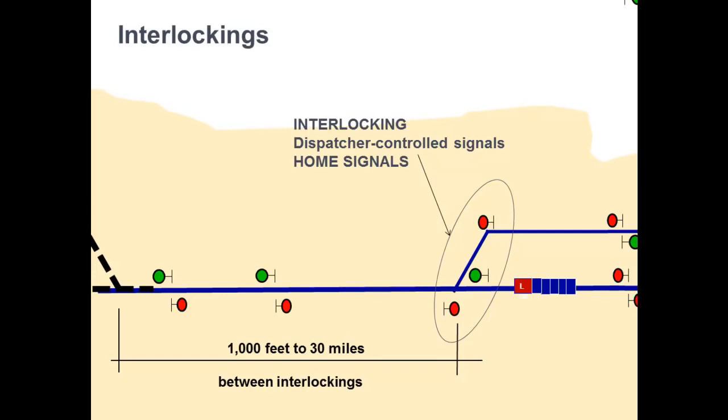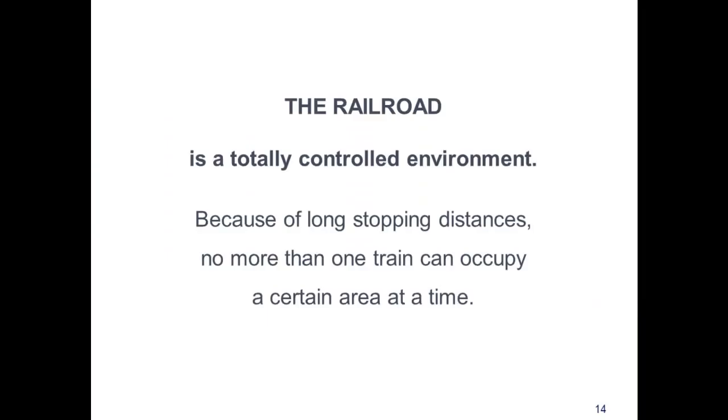Okay, so let's take a moment to consider what we've covered so far, to consider how the railroad is a totally controlled environment. Yes, consider these. Access to the railroad is restricted. It is a sealed system. Moving through an interlocking requires the dispatcher to authorize it.